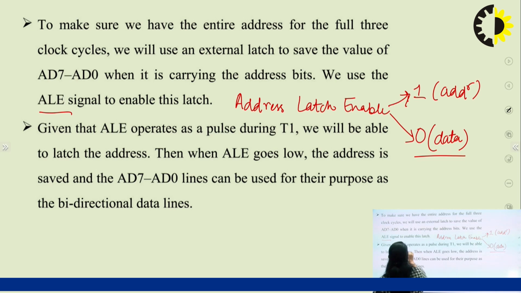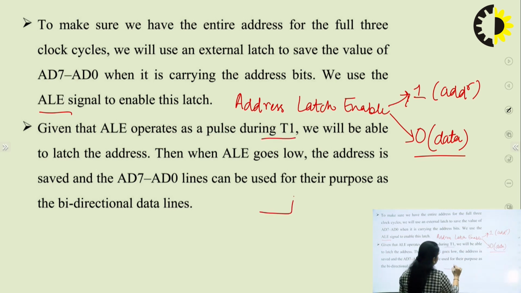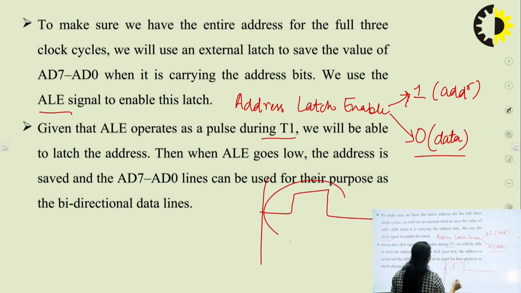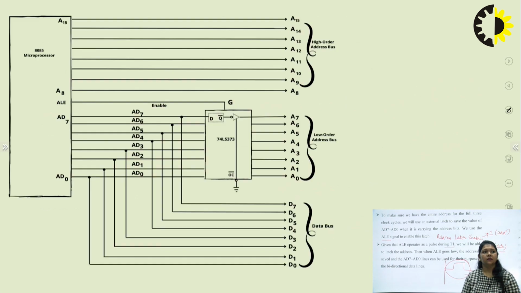So the ALE operates a pulse during T1, which we have just discussed. At that time the address is saved, and further it is used as the data bus. That's why we call them bidirectional data lines, because both purposes are solved here.